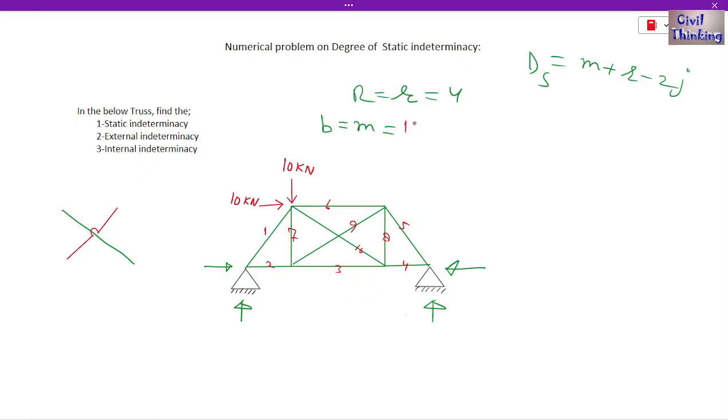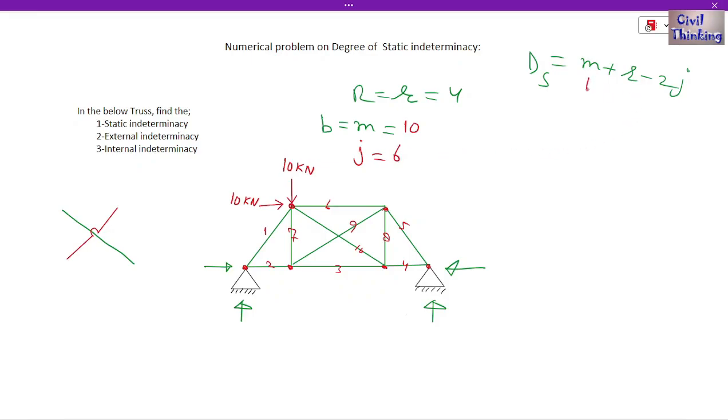So 10 are the number of bars or members. Then J is the number of joints. Now how many joints we have? 1 2 3. Remember, this is not a joint. 3 4 5 6. Let me count again, 1 2 3 4 5 6. J is 6.